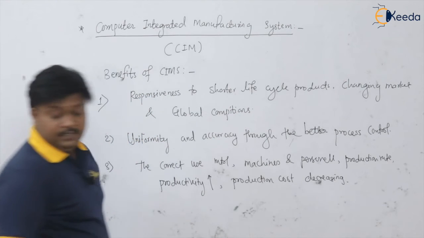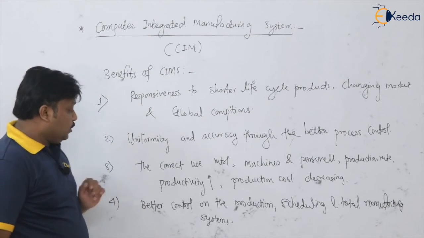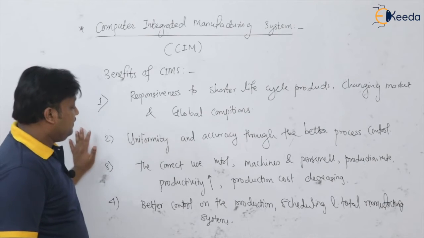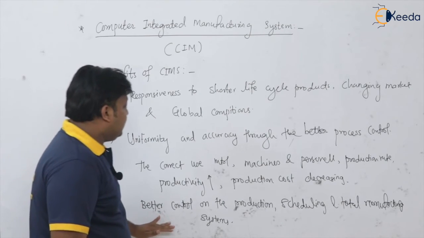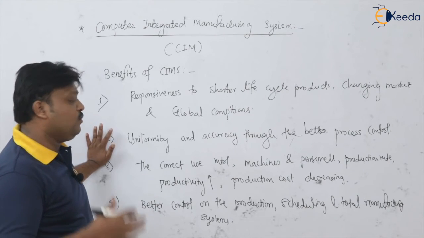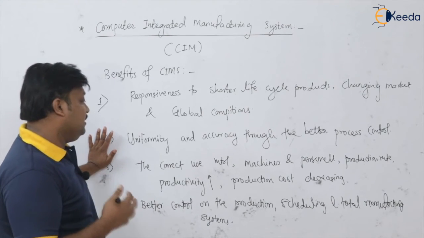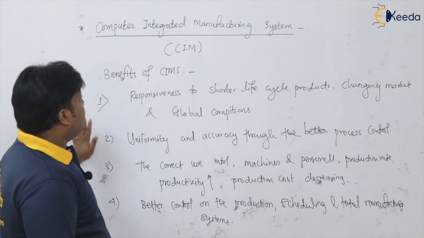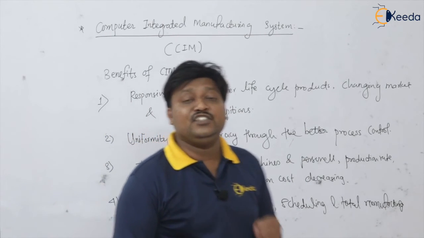Okay. So the fourth benefit that we are going to get is the better control on the production, scheduling, and entirely on the total manufacturing system. So these are the benefits of the CIMS.